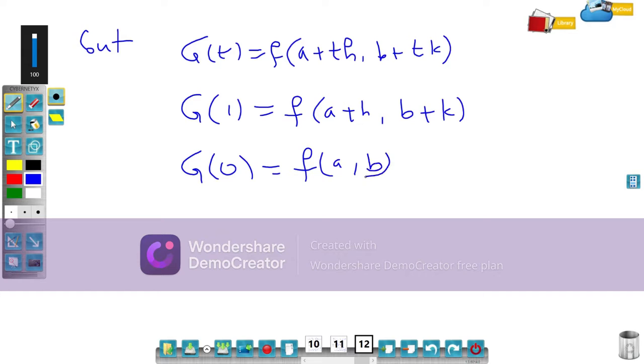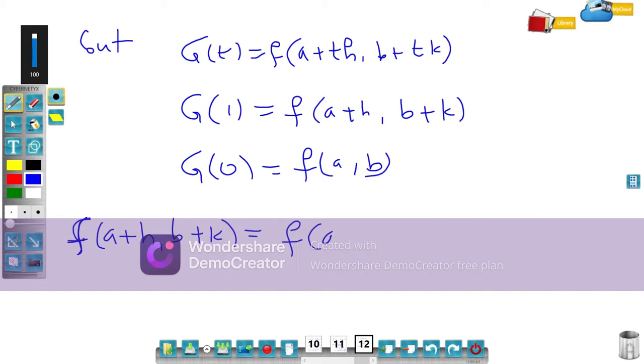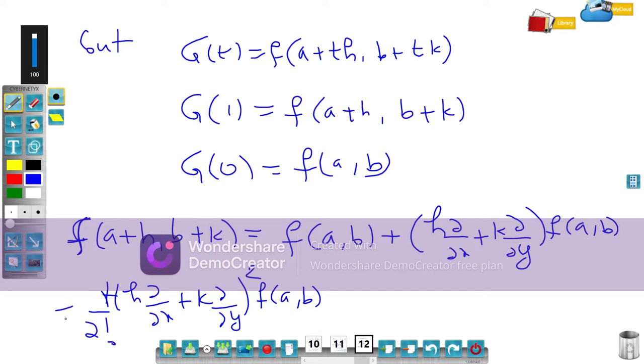If you substitute this, then you will get f of a plus h comma b plus k is equal to f at a comma b plus (h ∂/∂x plus k ∂/∂y) f evaluated at a comma b plus (h ∂/∂x plus k ∂/∂y) f evaluated at a comma b whole square, 1 upon 2 factorial will also come, and so on and so forth.